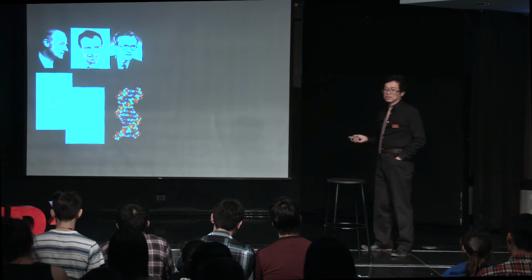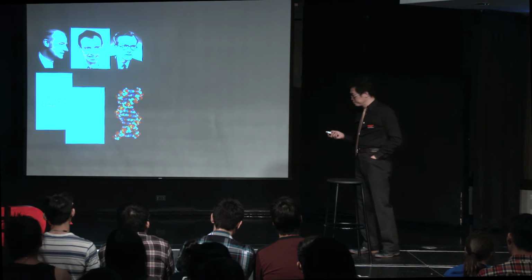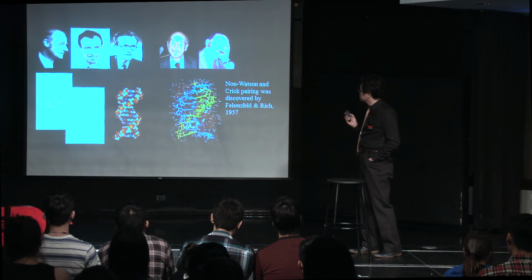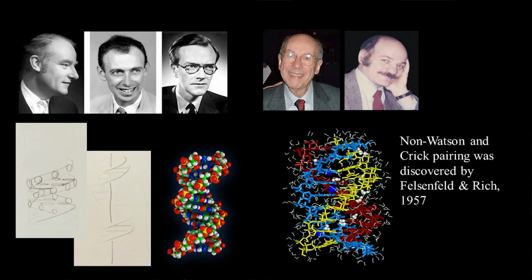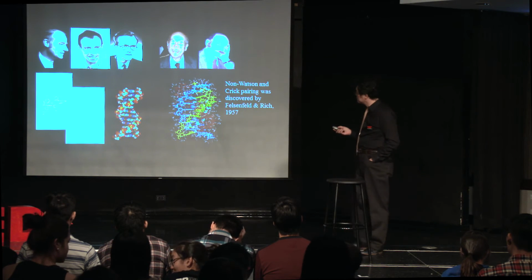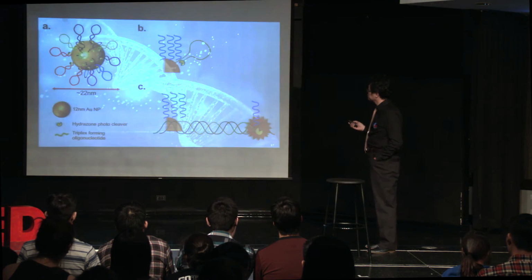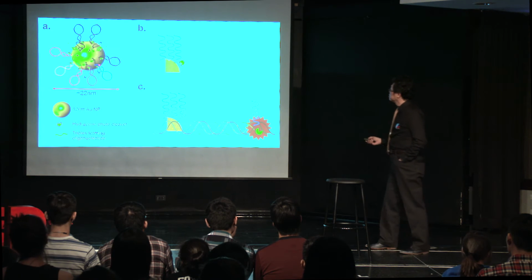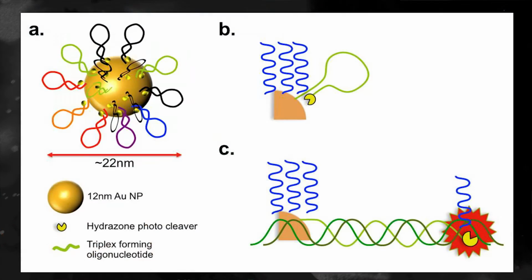The DNA double helix was discovered in the last century. However, remember that in 1957, scientists already knew DNA can also form a triple helix, and by design. So we utilize such a concept, and we form a DNA editing nanoparticle.